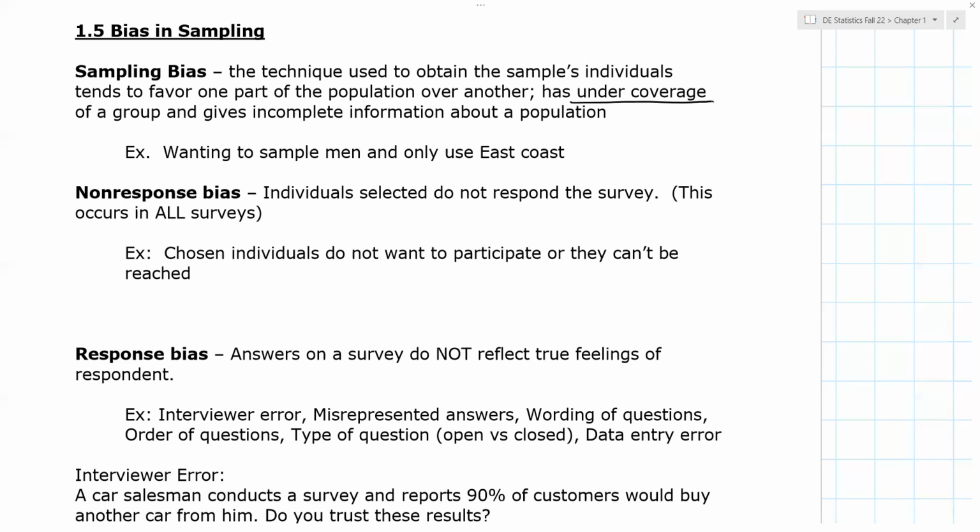So you can go online and enter all of your demographic information: age, gender, education level, where you live, all this type of information about yourself.